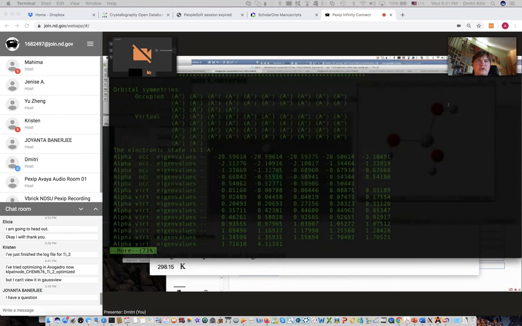So we have HOMO minus 0.5 atomic units and LUMO minus 0.01. Oh, so you see a little angle between hydrogen and oxygen changes energy drastically. So there is a correlation between geometry and electronic properties.